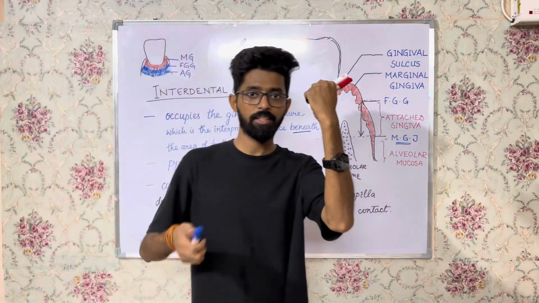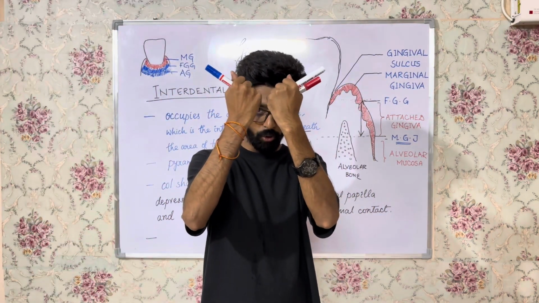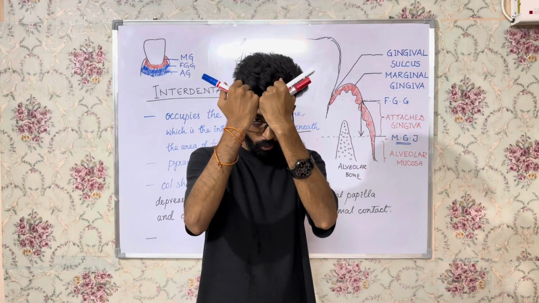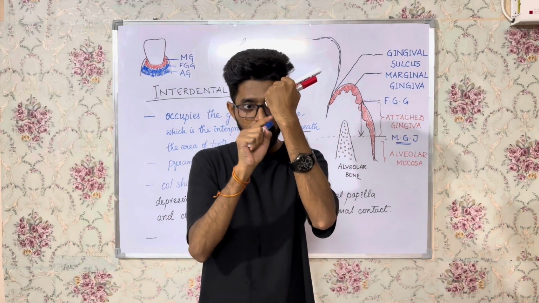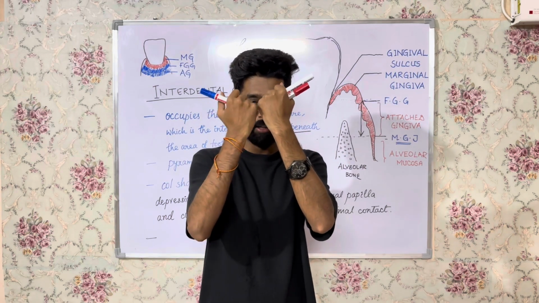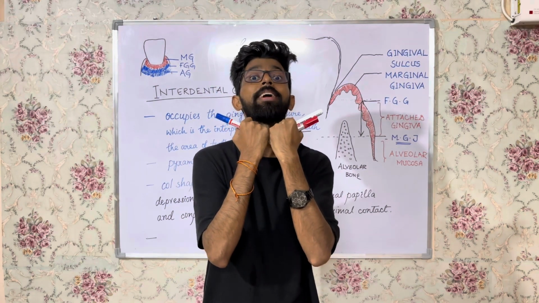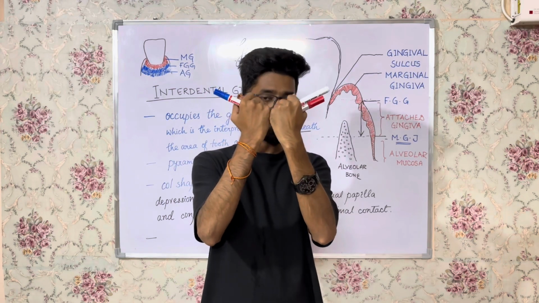This is one tooth, this is the adjacent tooth, this is the area of tooth contact. You can see this portion beneath the area of tooth contact. So the interdental gingiva occupies this triangular or pyramidal portion, which is beneath the area of tooth contact.